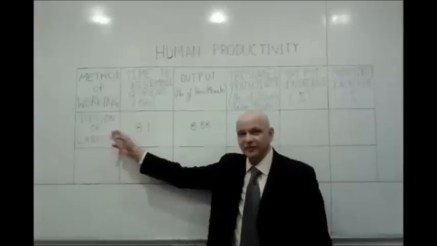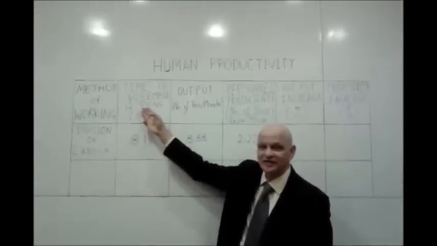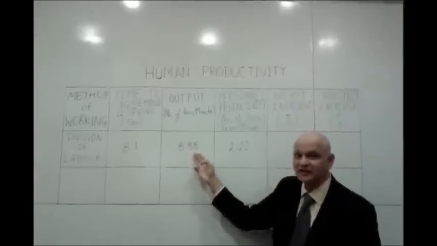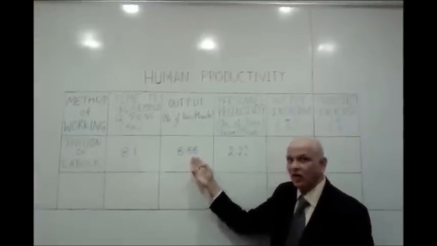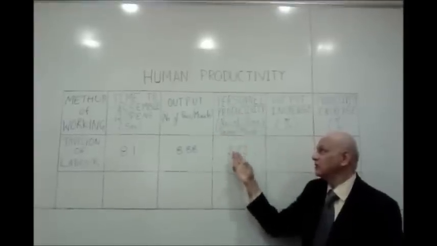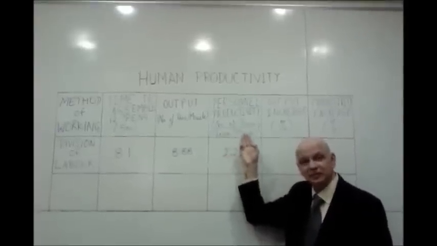How much time? 81 seconds. Division of labor took 81 seconds for assembly of 12 pens. Right? This works out to 8.88 pens per minute. Or since 4 persons were involved, the productivity comes out to be 2.22 pens per person per minute.